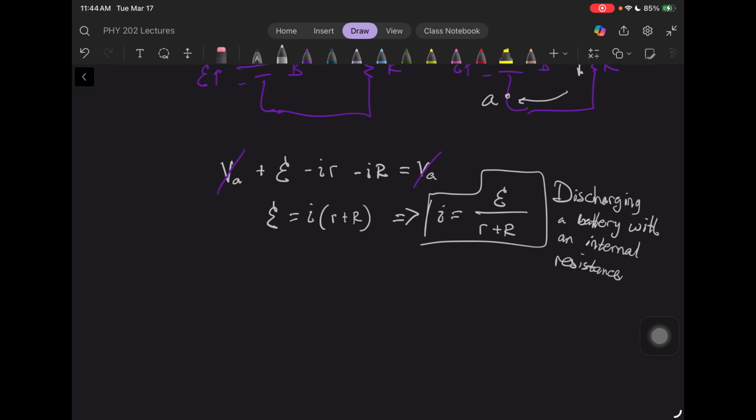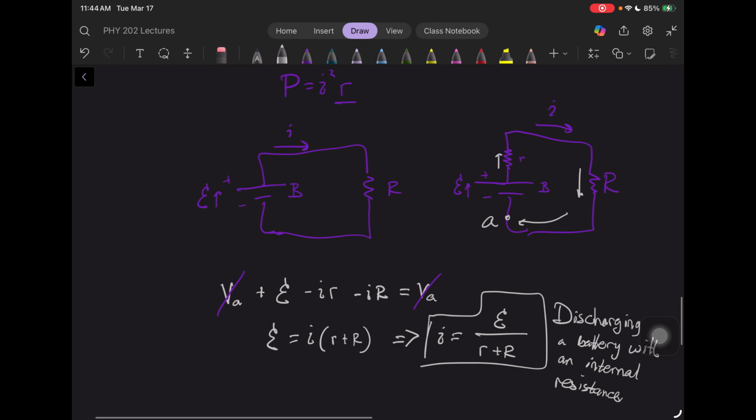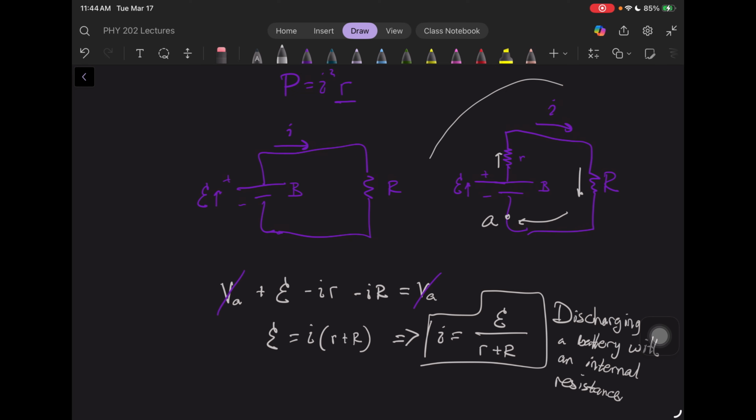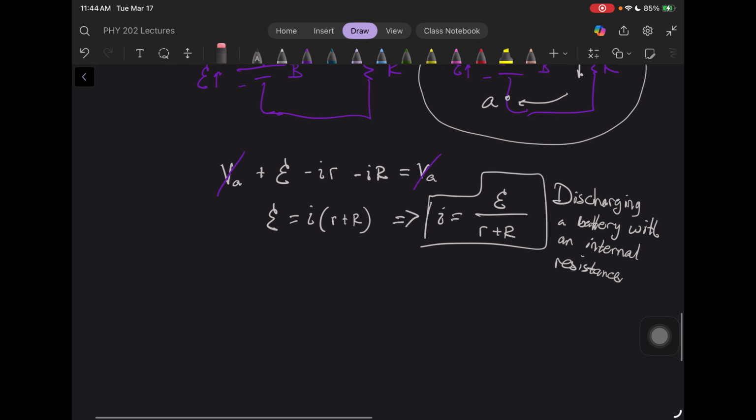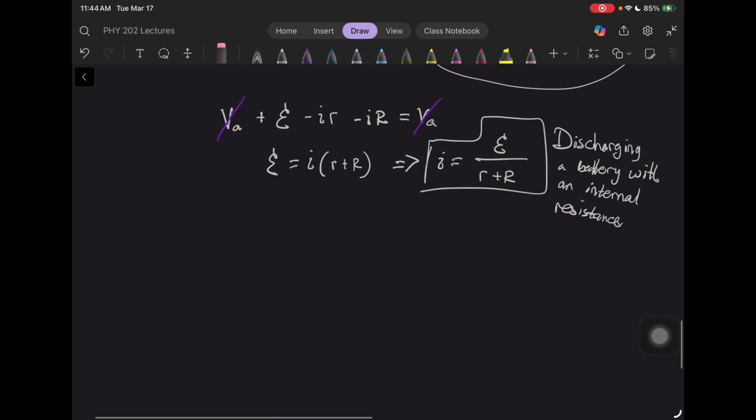Again, as long as you're careful to draw out your circuit and think about what direction current's going, and everything like that, you'll be fine. Single loops are relatively straightforward. But let's talk about resistors in series real quick.